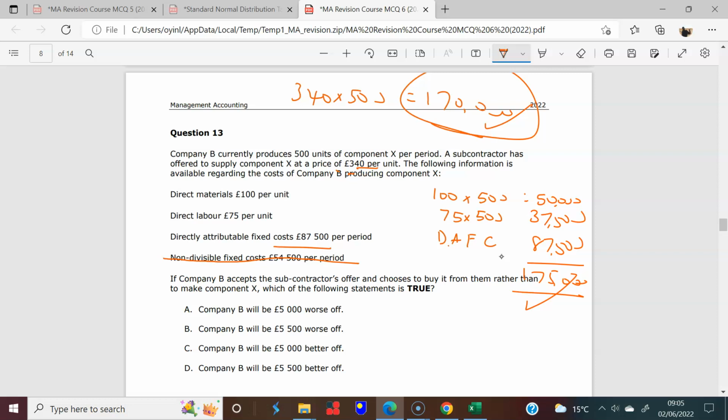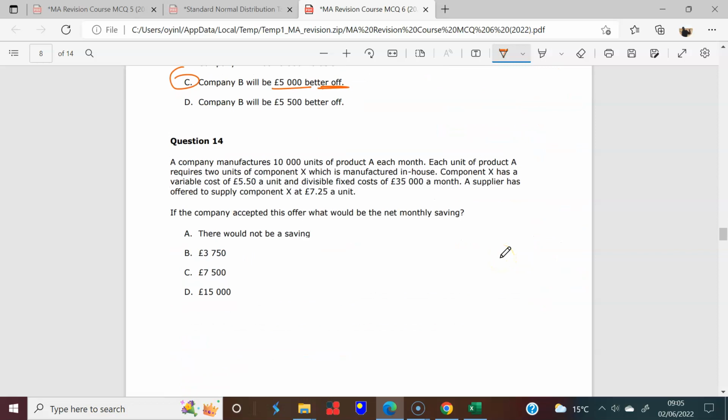If you accept the offer and choose to buy it rather than make it, it's cheaper to buy. So you'll certainly be better off. The question is how much more? The difference between this and this is 5,000. So you'll be 5,000 better off.